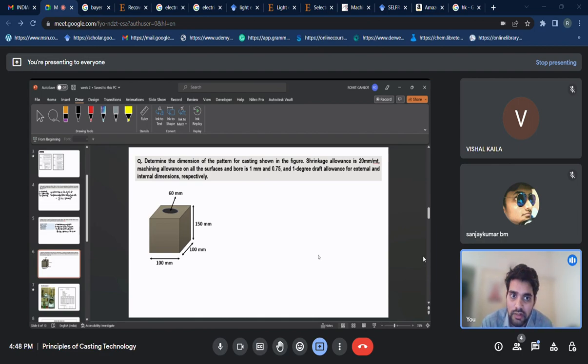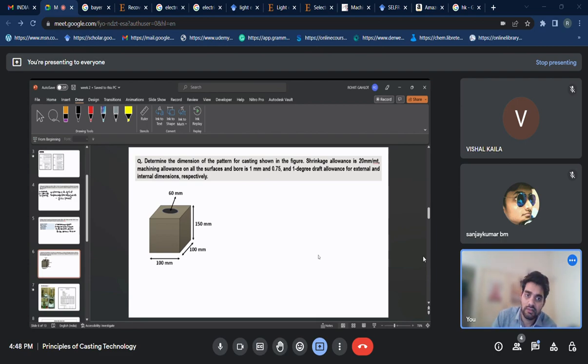Okay. So this is the third question: determine the dimensions of the pattern for the casting shown in the figure. Here the shrinkage allowance is 20 mm per meter. Then the machining allowance on all the surfaces and the bore diameter is 1 mm and 0.75, and there is a 1 degree draft allowance for external and internal dimensions.